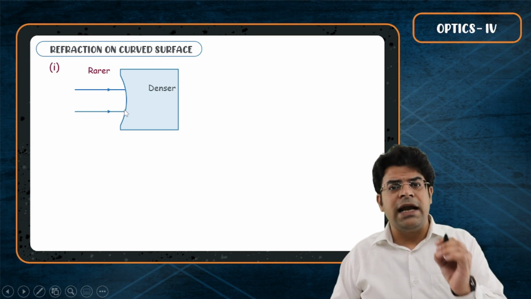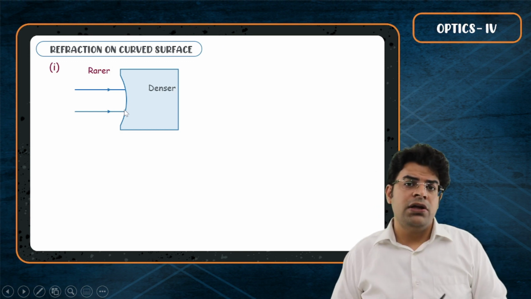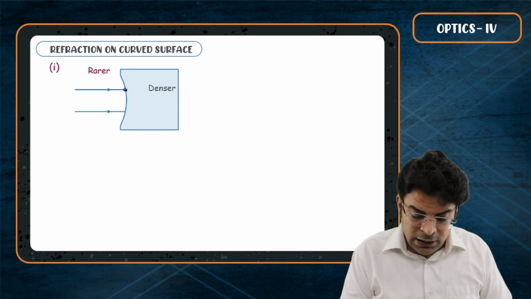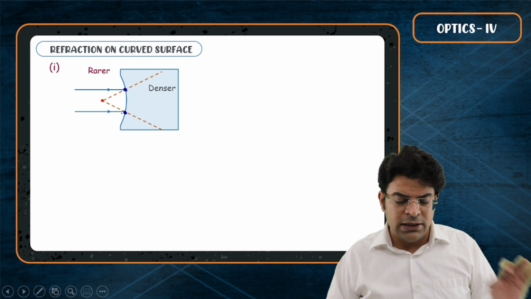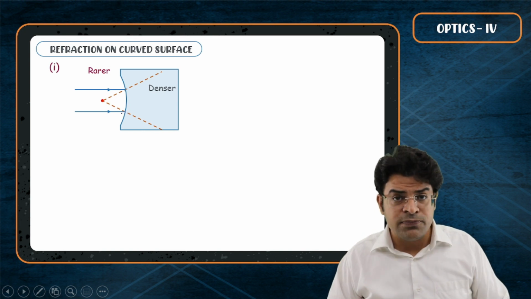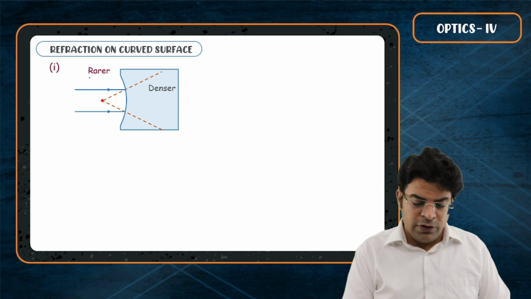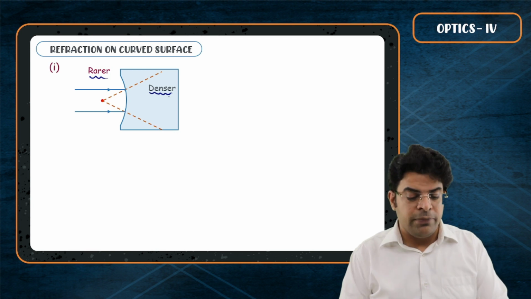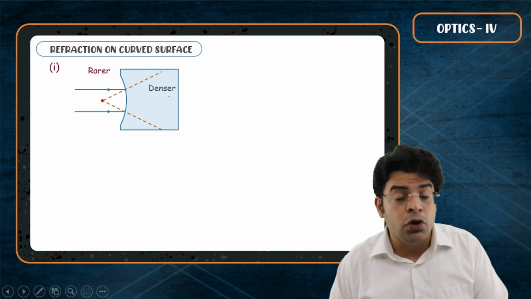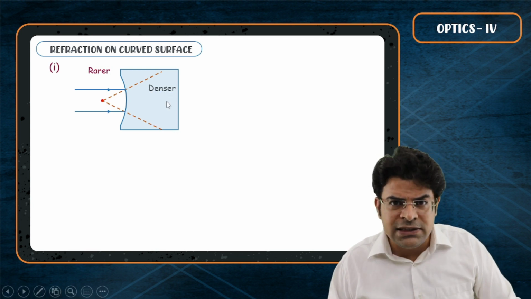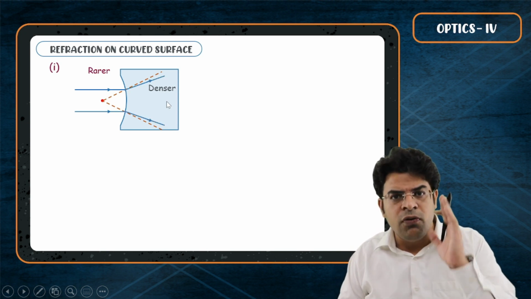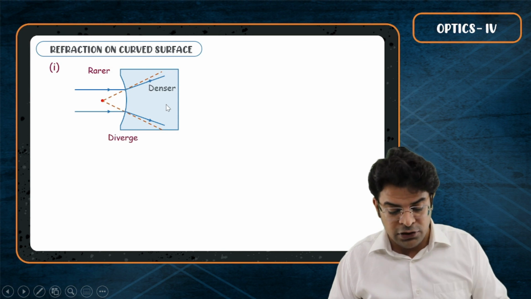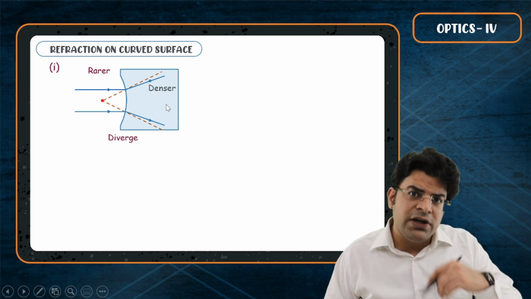To understand that, think of the normal at the points of refraction. So if you visualize the normals at the point of refraction, they will be something like this. As the ray of light is moving from rarer medium into denser medium, they will bend towards the normal. And as these rays of light will bend towards the normal, you will say that these rays of light are getting diverged. Then we talked about three more cases.